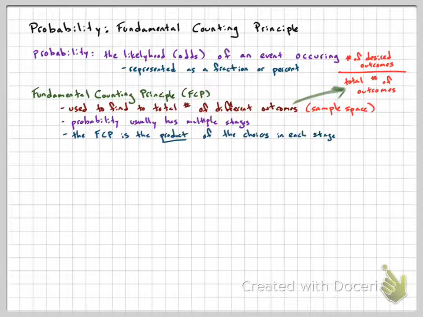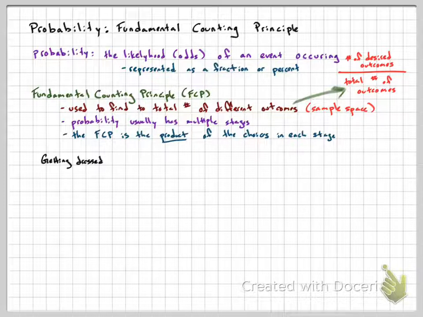So here's a good example. Let's think about when you're getting dressed. The FCP, or the fundamental counting principle, is the product of the choices in each stage. And I'll come back to that in a second.